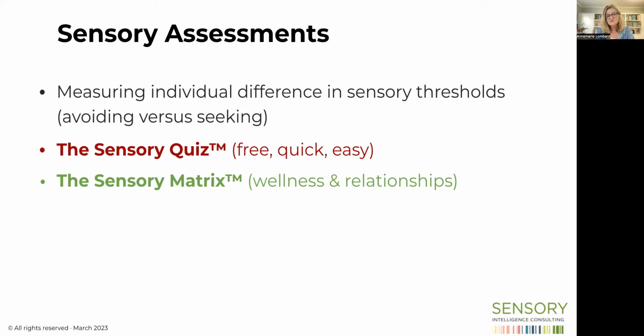And it enables us, and other coaches, practitioners or therapists who work with these tools, to make strategies and interventions based on what these results are. So a very important part of the work that we do. The sensory matrix is predominantly used for health and well-being and also very powerful from a relationship point of view.